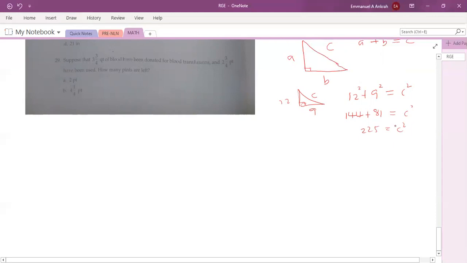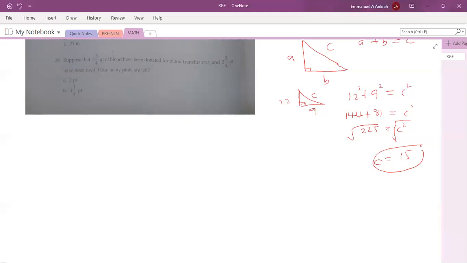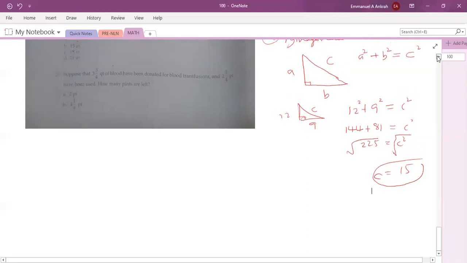So your C will be equal to 15. It's 15 inches. So this is the Pythagorean theorem for this question.